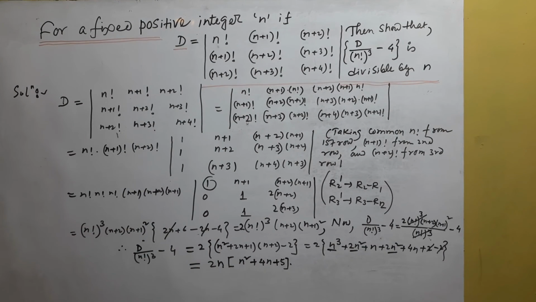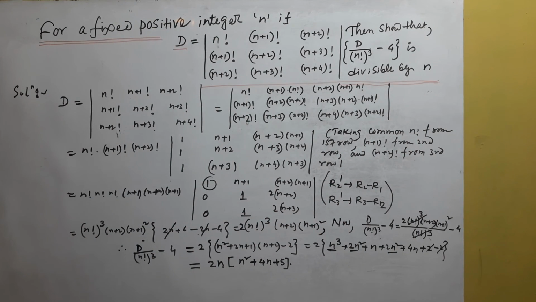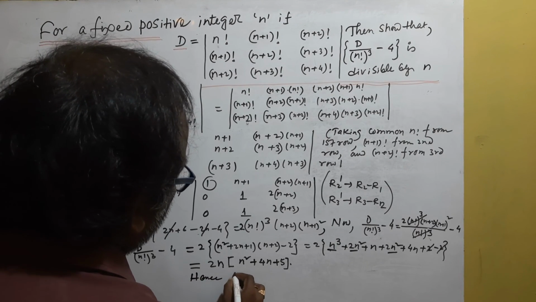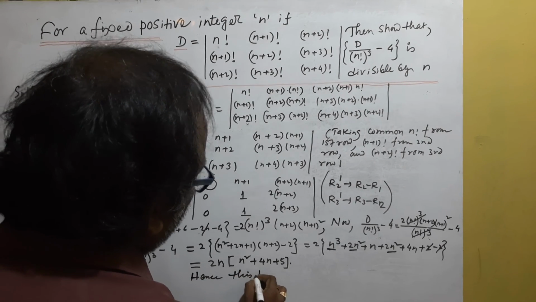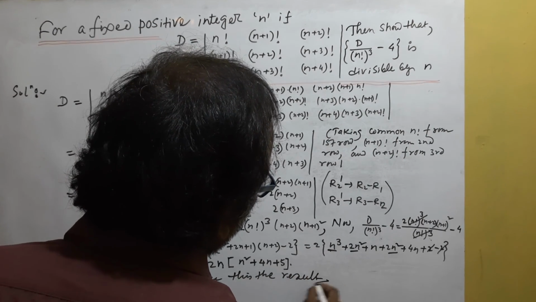So it is exactly divisible by n. The question is that this is divisible by n, and it follows that. Okay, so this shows that, hence this is the result.